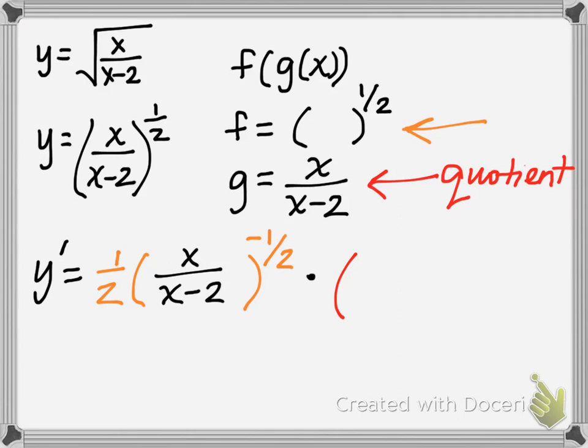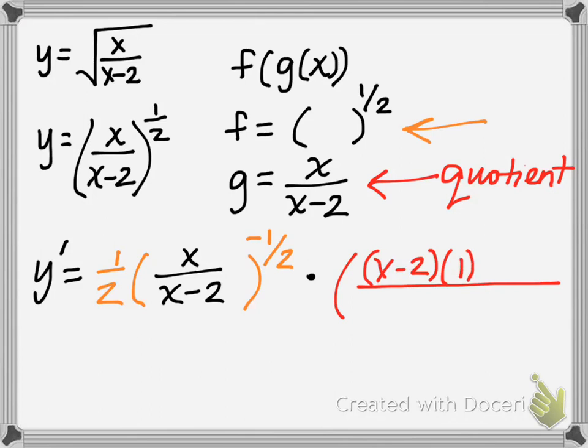So using our little memory trick for the quotient rule, low d high minus high d low divided by low squared, we'll start with the function in the denominator, the low, which is x minus 2. We'll multiply it by the derivative of the function on top in the numerator. The derivative of x is just 1.